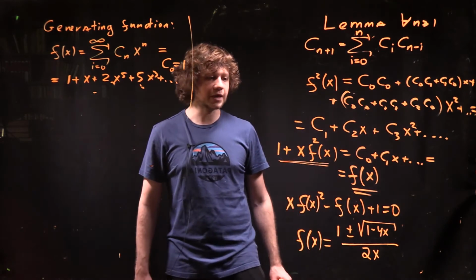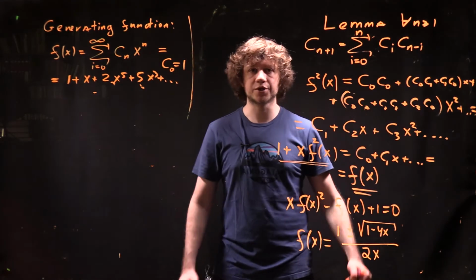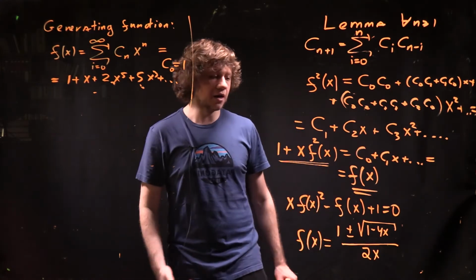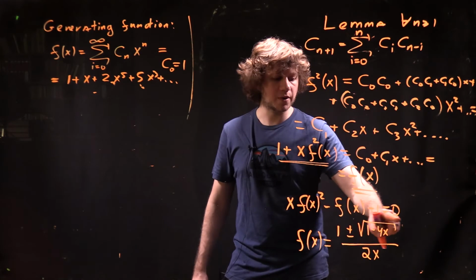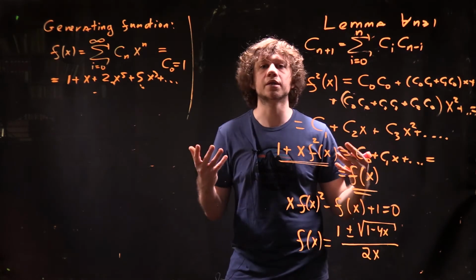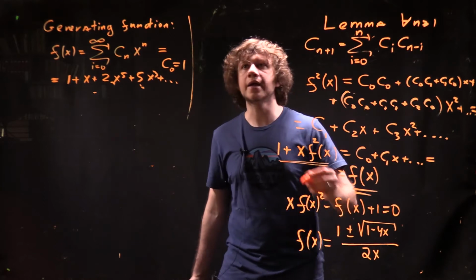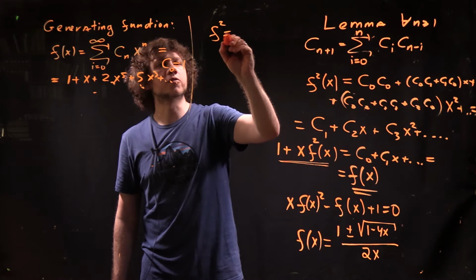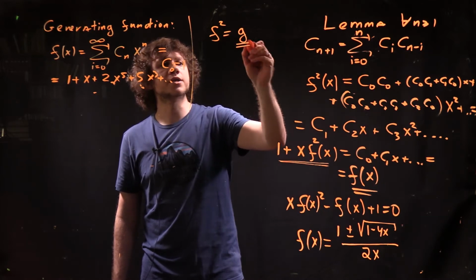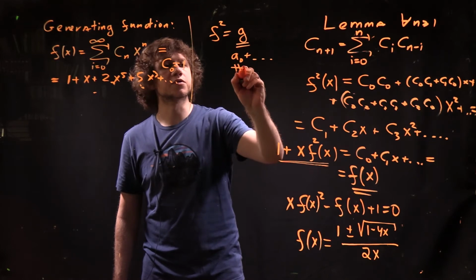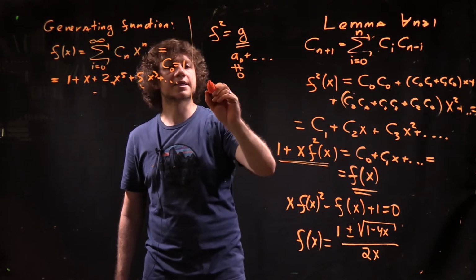And of course you might worry whether you can just do all these operations with functions, but you can easily show that if you have any equation f squared equal to g, where g is a generating function a0 plus and so on, where a0 is non-zero, then this equation has exactly two roots.